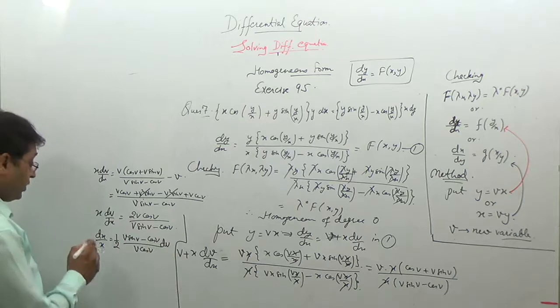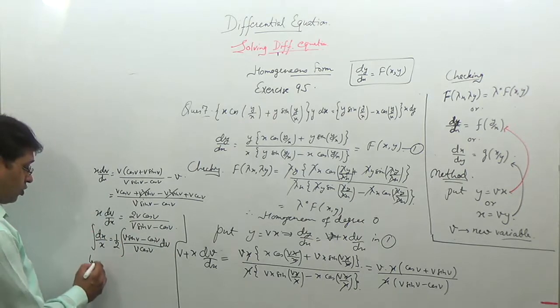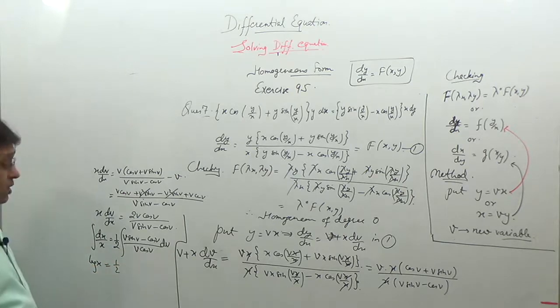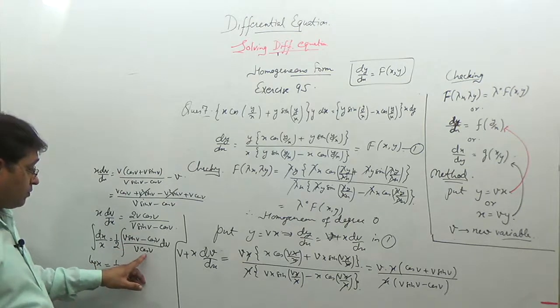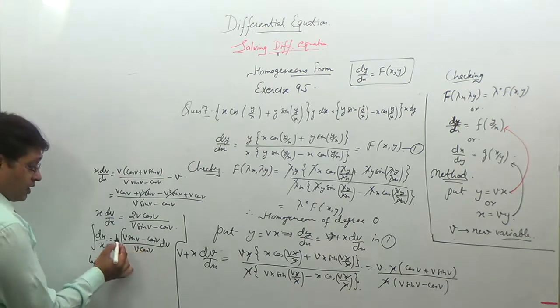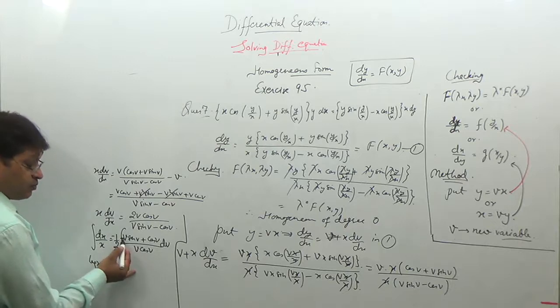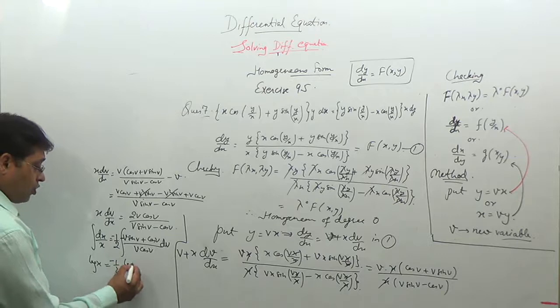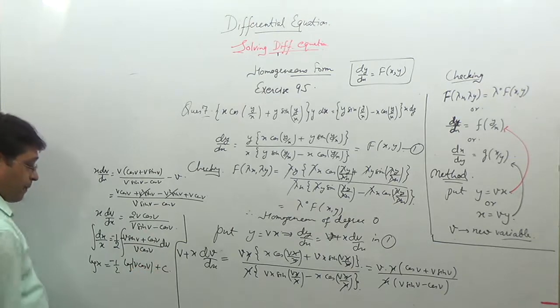Now integrate both the sides, you will get log of x is equal to half. Now derivative of v cos v is cos v minus v sin v, you can take the minus sign out also, so the numerator is the derivative of the denominator up to sign. So you can write it as log of the denominator plus a constant c.